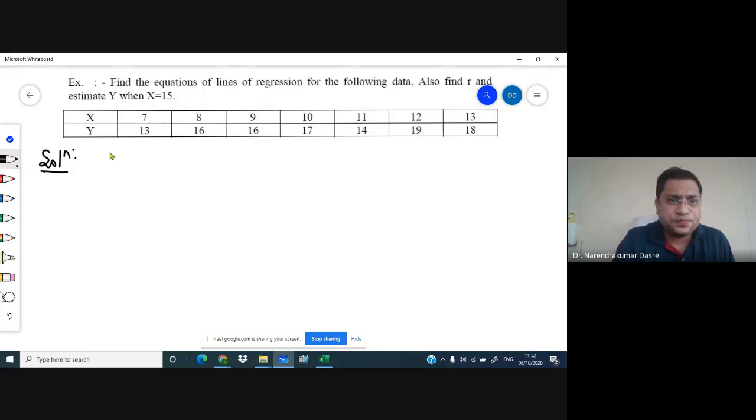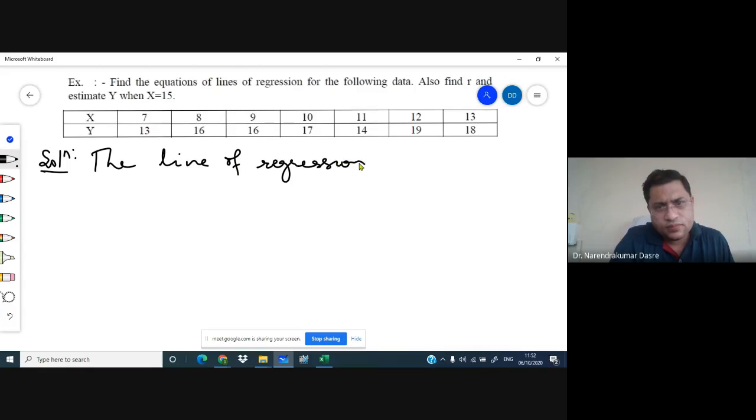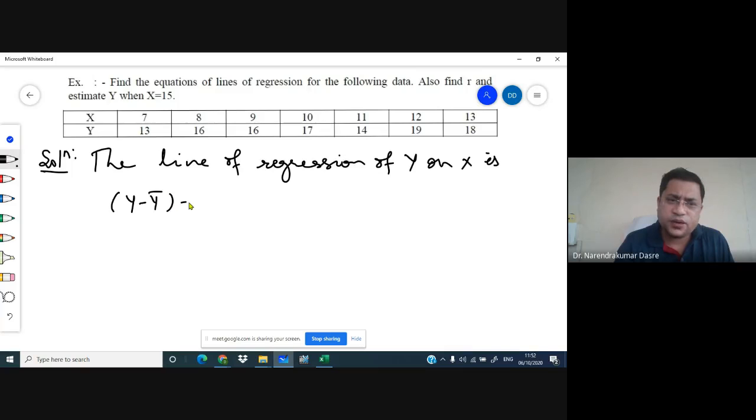So what we have here, we can say the line of regression of y on x is. So what is the formula? y minus y bar is equal to byx, so this is byx, times x minus x bar. This is equation 1.